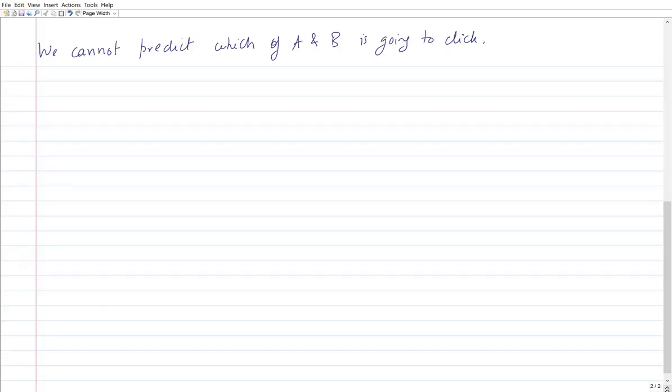And the most interesting part is we cannot predict which of A and B is going to click.